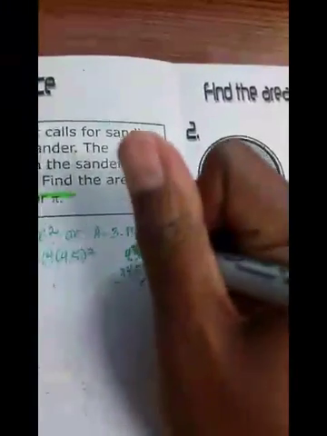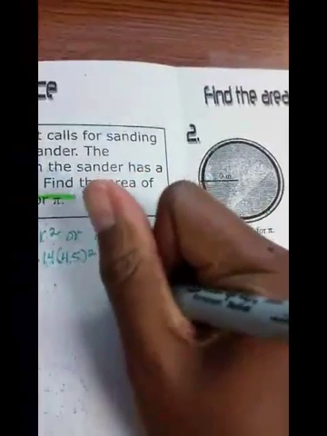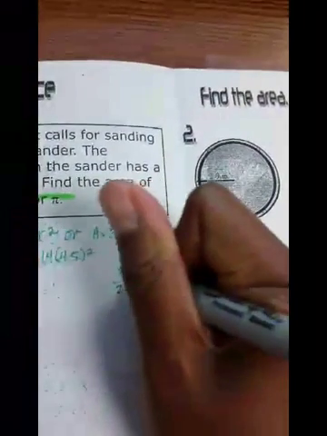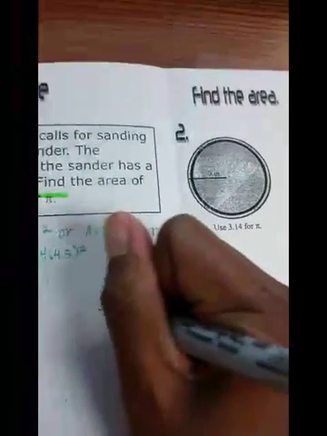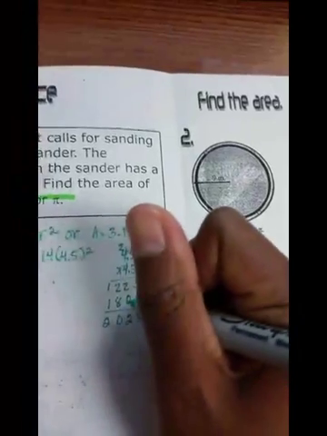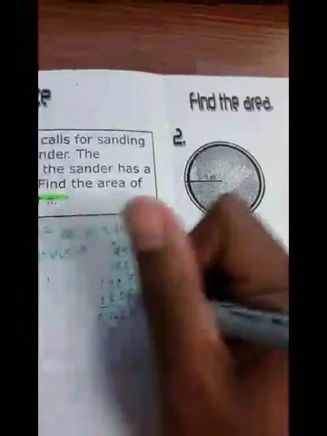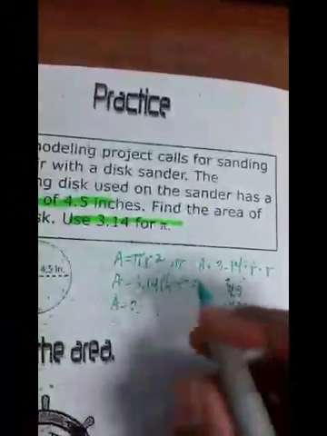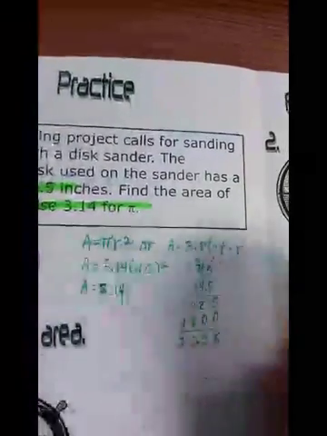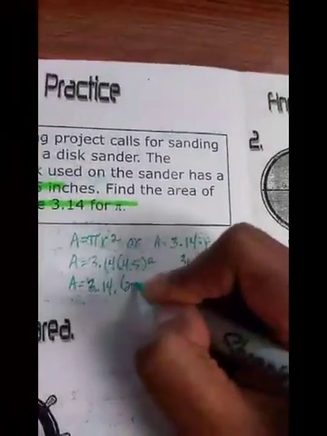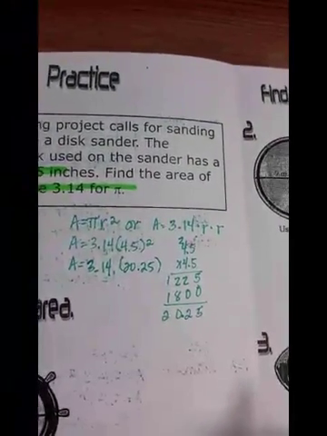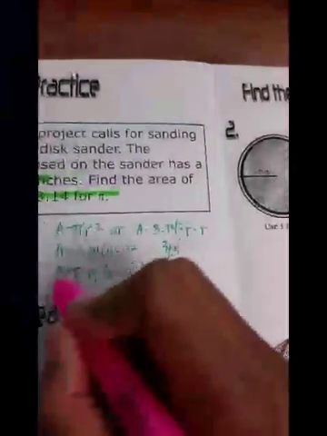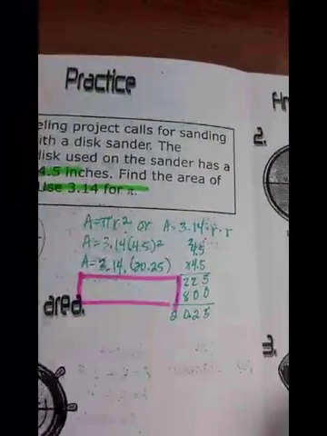Okay, that would give me 20.25. Okay, so 3.14 times 20.25. Okay, and I'm going to give you that chance there to multiply that out with your partner. Okay.